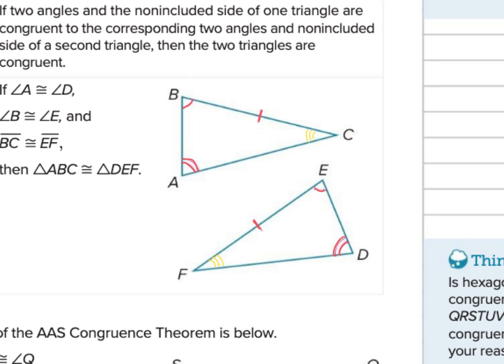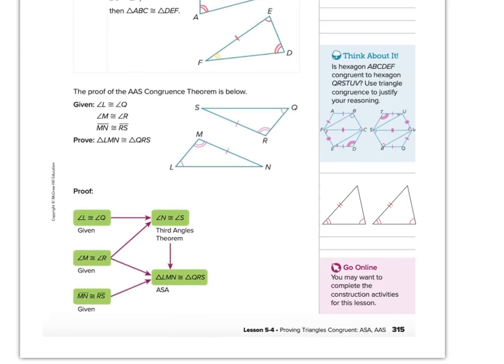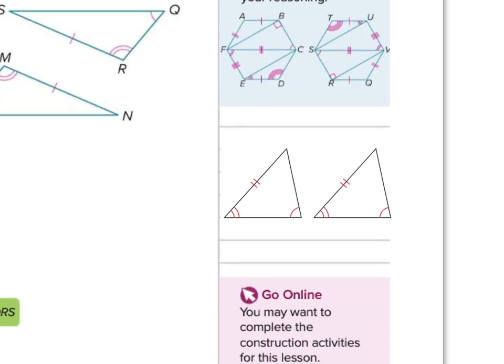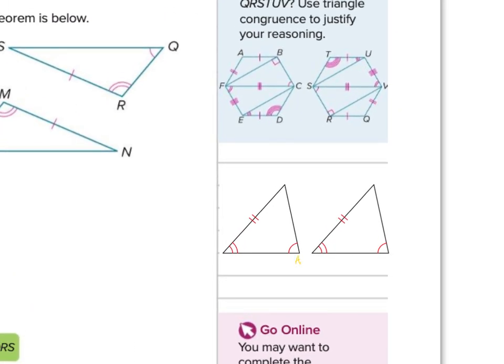And then if you notice, you look at this and you're like, hey, all of a sudden I have angle, side, angle, angle, angle, side, and then we have another way of proving congruency. So it just gives us enough information to be able to continue on with our congruency statements. So again, angle, angle, side, this is how it would appear. We appear to have an angle, angle, side, angle, angle, side.